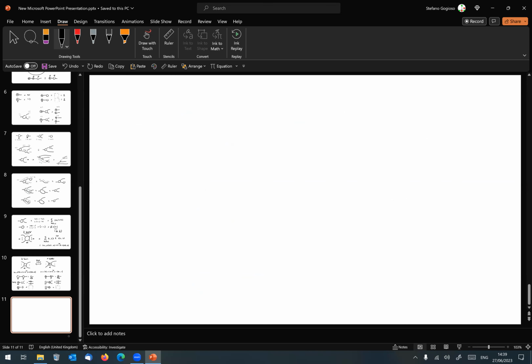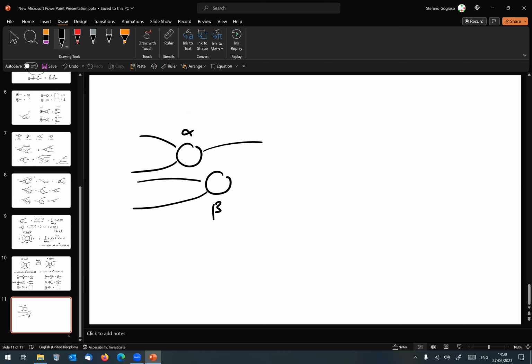It says that if you have two spiders of the same color with two angles alpha and beta, they have some input legs, they have some output legs, maybe 0, it doesn't matter. So a bunch of them.